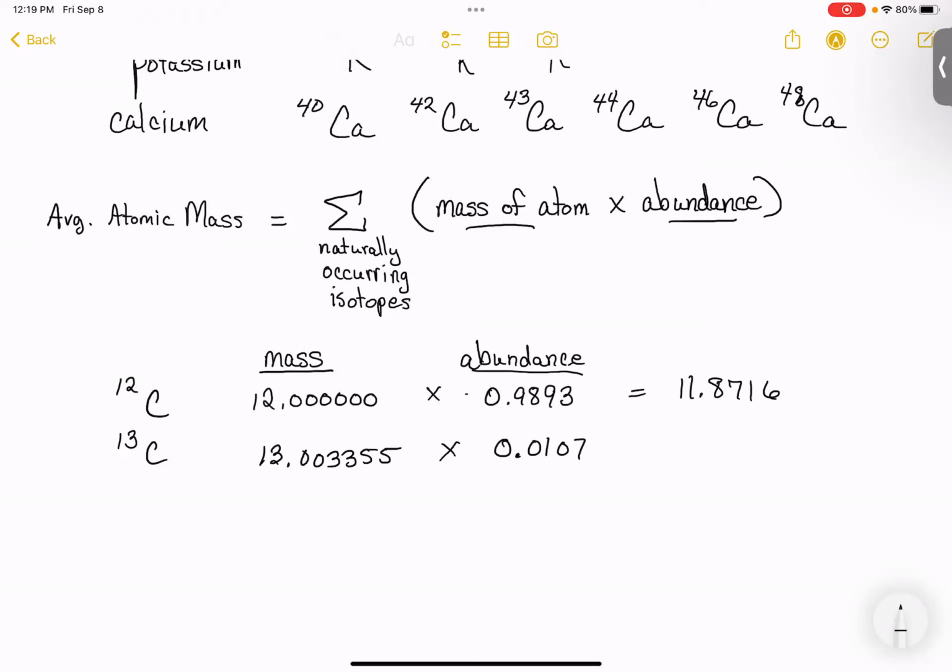And carbon-13 contributes a mass of 0.1391 to the overall mass of carbon. So it's the sum of, that's what the capital sigma is, sum. So now we add them together. And I get a value of 12.0107.